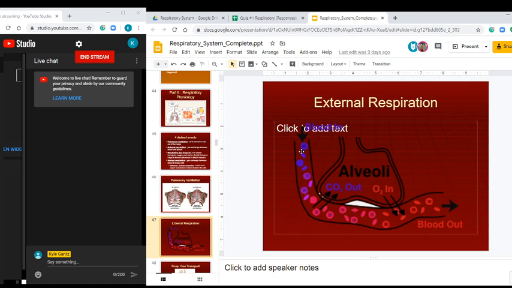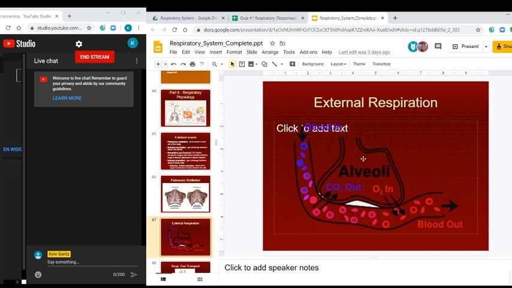And here we are arriving at the lung, going down these small capillaries around the alveoli, and we're going to see this exchange of gases, where technically in here we have oxygen from the outside.